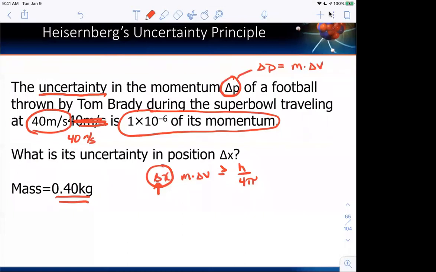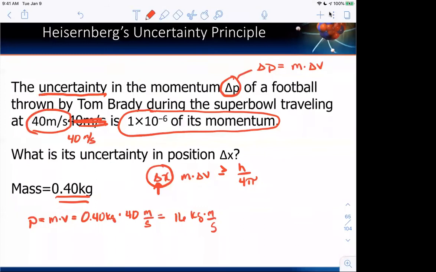So my momentum is mass times velocity. So that's going to be 0.40 kilogram times 40 meters per second. So that momentum is going to be 0.4 times 40, or I get 16 kilogram meters over second.